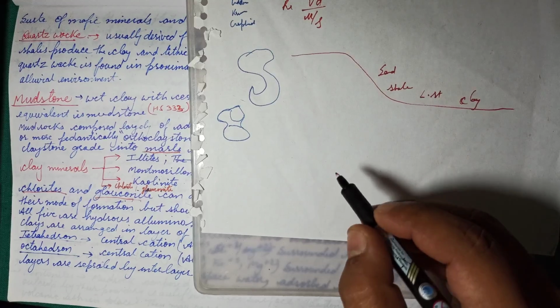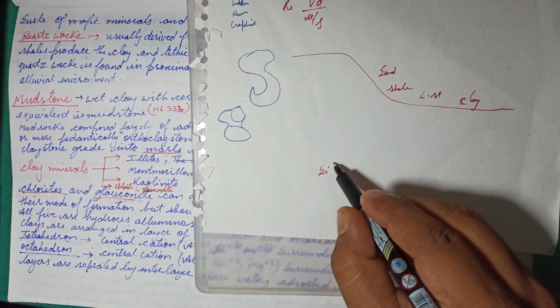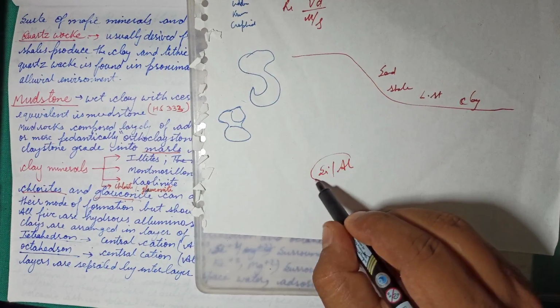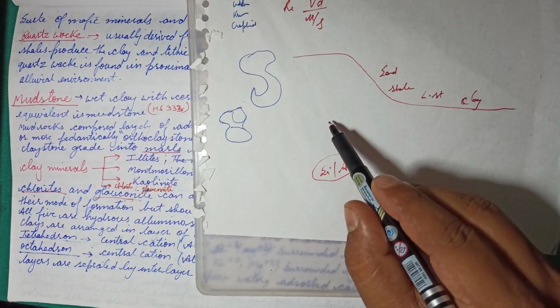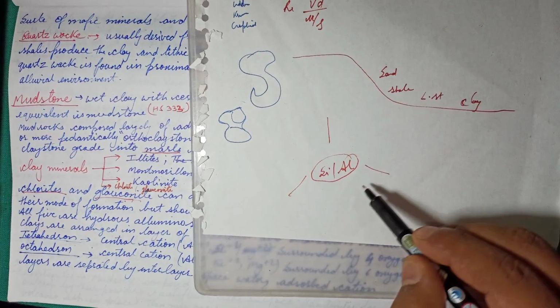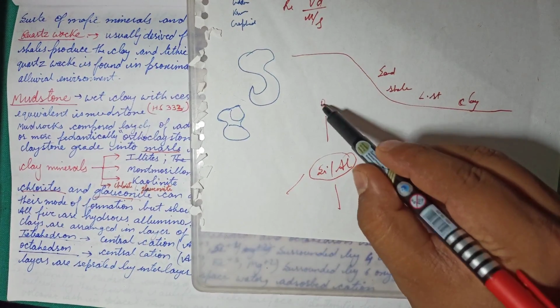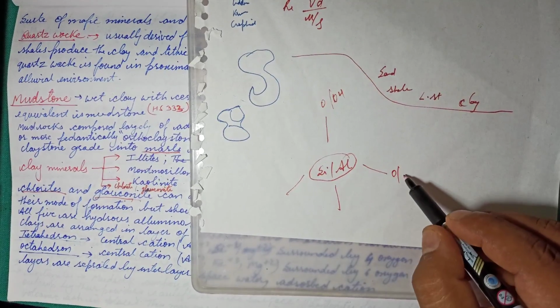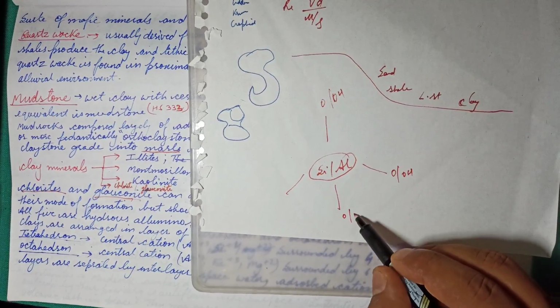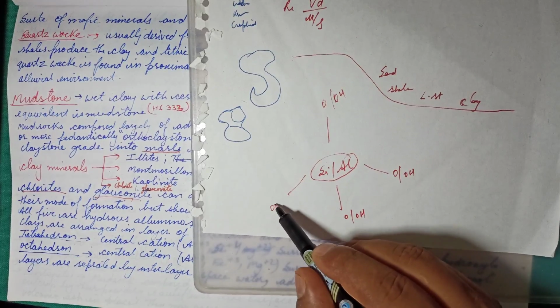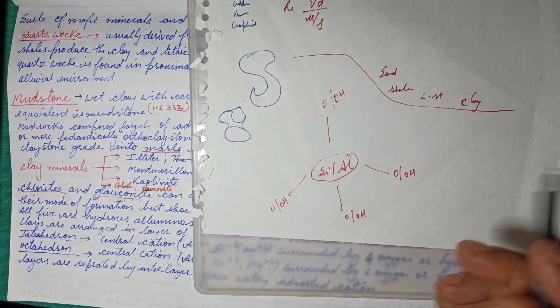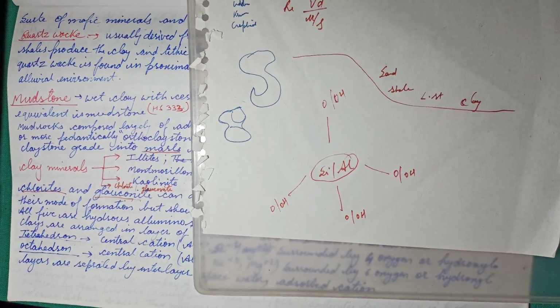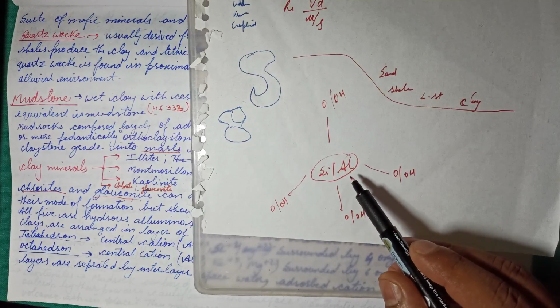See this: this one is silicon or aluminum, the center part, and it is surrounded by four oxygen or OH ions, hydroxyl ions. This type of structure is known as a tetrahedron.